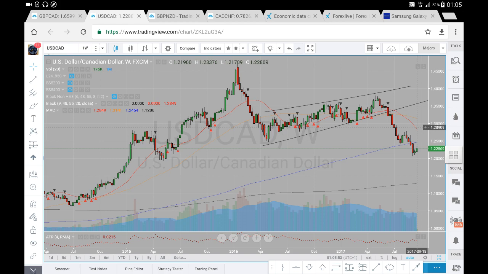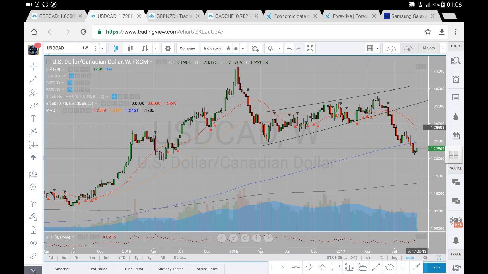Now, the move to the upside in the dollar could likely be, or is most likely, a result of the much anticipated FOMC decision on Wednesday. So it could be market players positioning themselves to take advantage, or those that believe that the US dollar has sold down far enough.